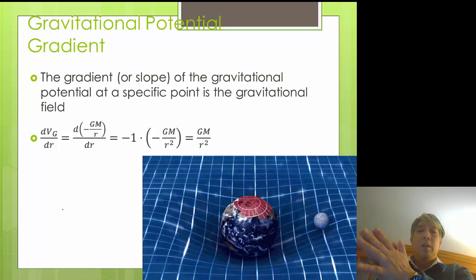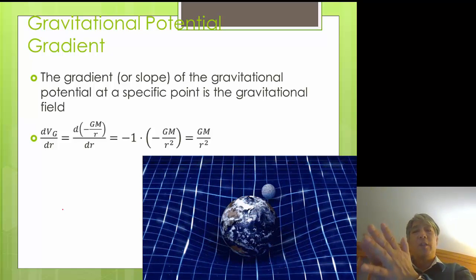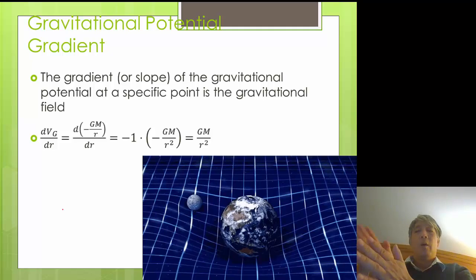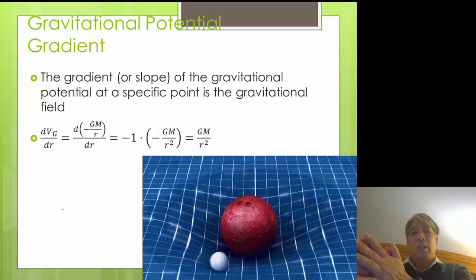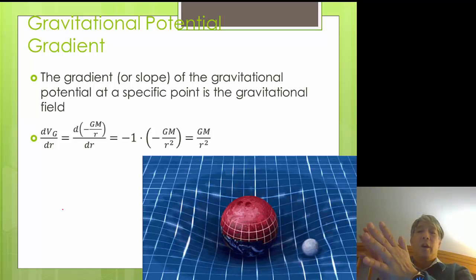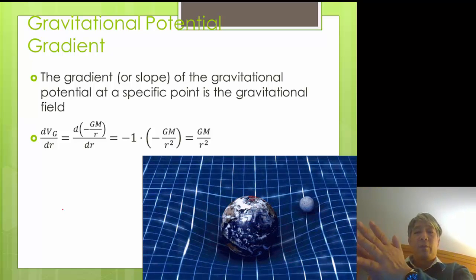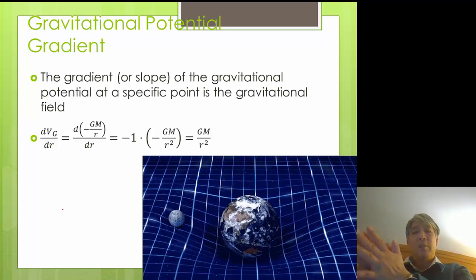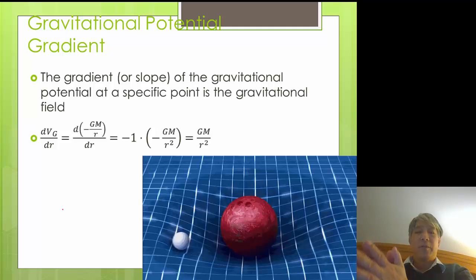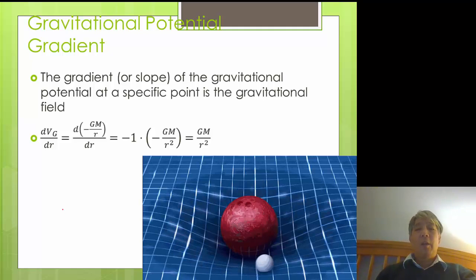So I'm telling you at this point that if you have a gravitational potential graph, the slope, or the relative rate of change of your gravitational potential per unit distance, is basically your gravitational field. I'm not going to go over the derivative.